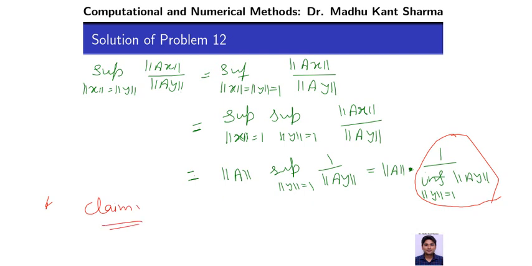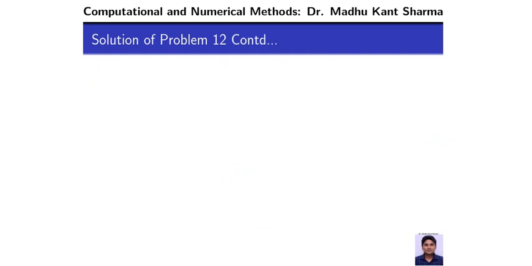This implies that norm of A inverse is less than or equal to norm of Ay divided by norm y. So this implies norm of A inverse is less than or equal to norm Ay for all y with norm of y equals 1.